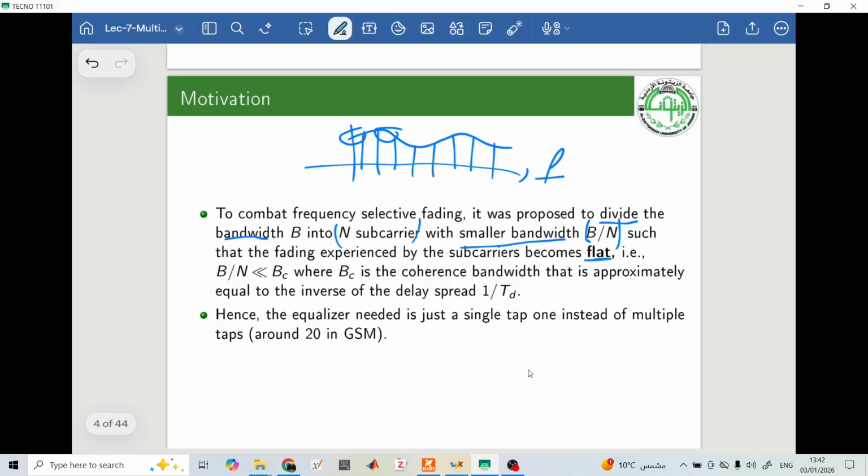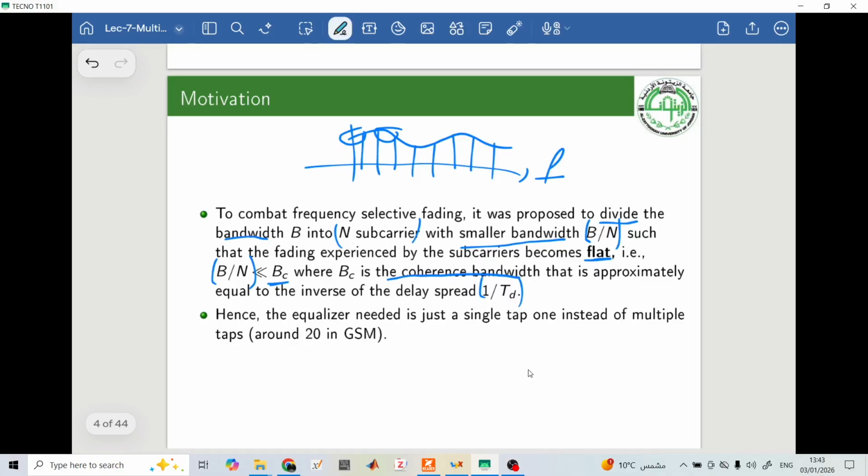So how do we convert frequency selective fading to flat fading? Of course, we need the subcarrier bandwidth to be much smaller than the coherence bandwidth, which is approximately a multiple of the inverse of the delay spread.